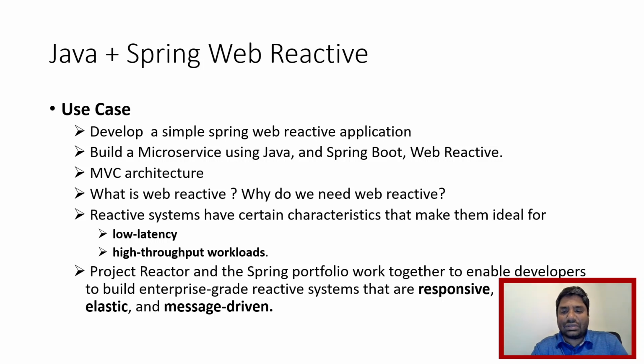That's the advantage. So if you look at it, what they are saying is we can develop enterprise grade reactive systems that are responsive, resilient. Say if one of the calls failed, you are still able to handle it by itself. That is the advantage of being resilient. So self-healing and elastic.